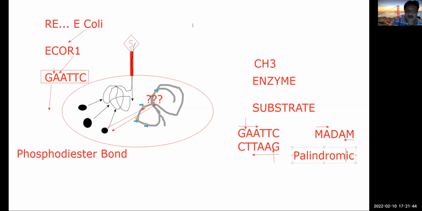The specificity of this enzyme comes from the sequence. This enzyme acts at the phosphodiester bond, and mainly at those sites which are palindromic in nature. Right? Now, this is the background about restriction enzymes.